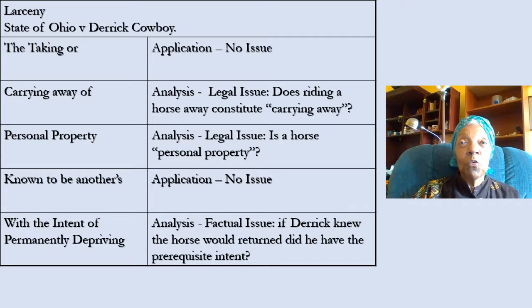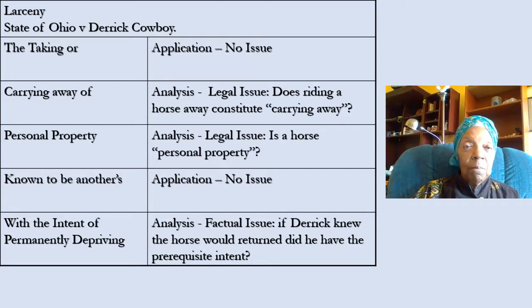He took the horse knowing that it would return and with the intent to let it loose so that it would go back. So, can you argue he had the intent to permanently deprive? And so that's an issue.